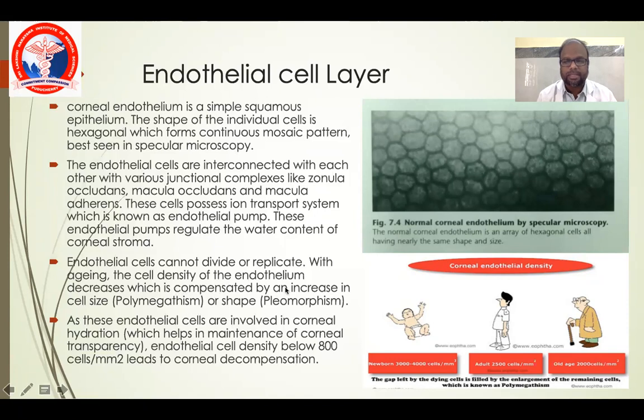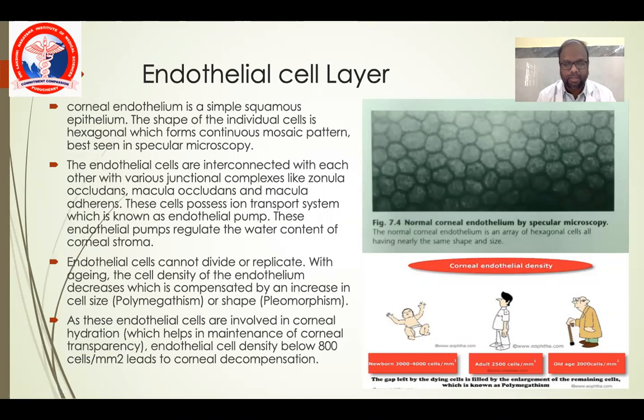When an endothelial cell is lost, the neighboring endothelial cells increase their size and change their shape to occupy the area. This increase in cell size is called polymegatism, and the change in shape is called pleomorphism.